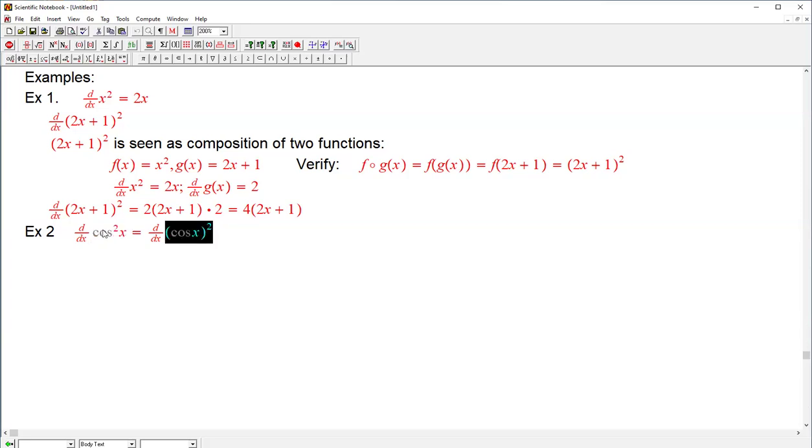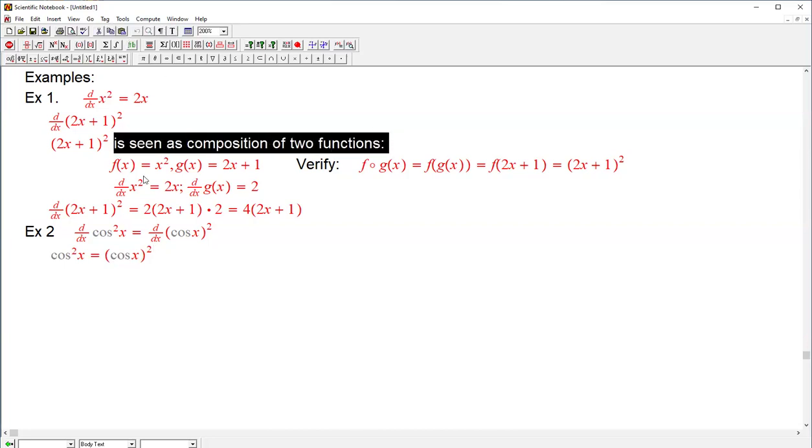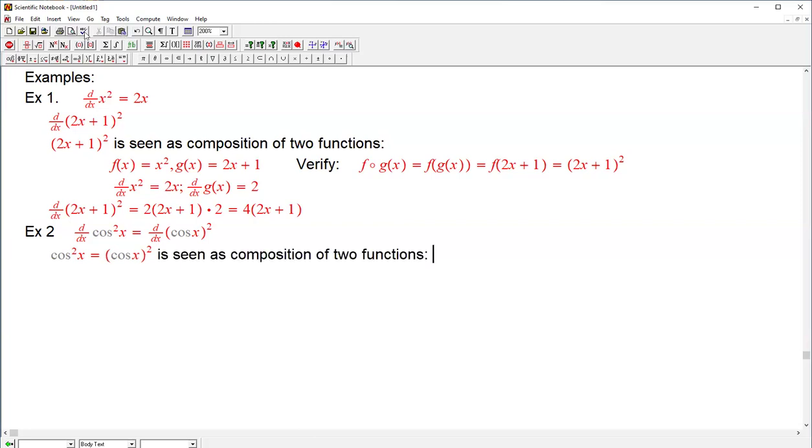When we differentiate this function, we see it as a composition of 2 functions.